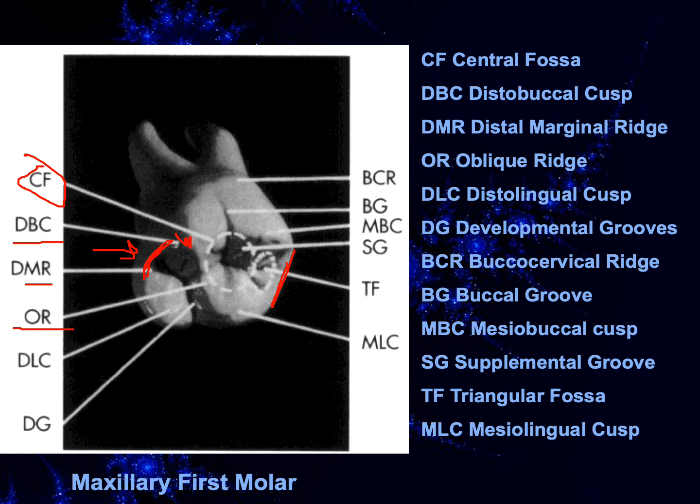The oblique ridge runs obliquely, as I have mentioned, only on maxillary molars. The distolingual cusp, the distal groove, distal developmental groove, the mesolingual cusp, the triangular fossa, the mesobuccal cusp.